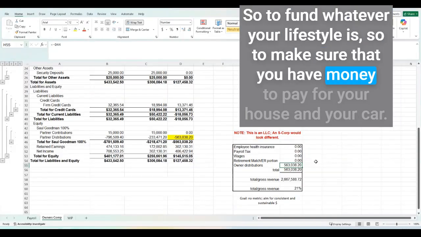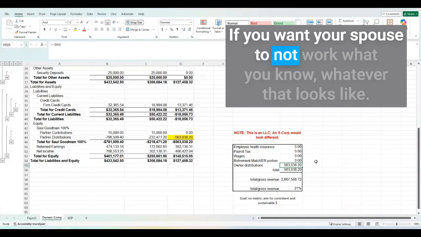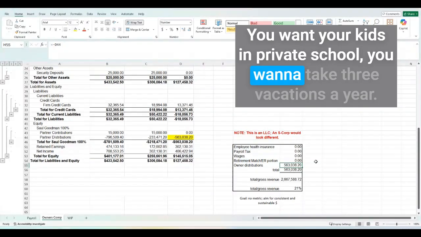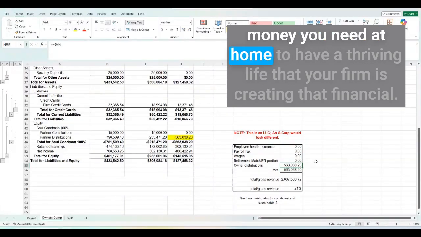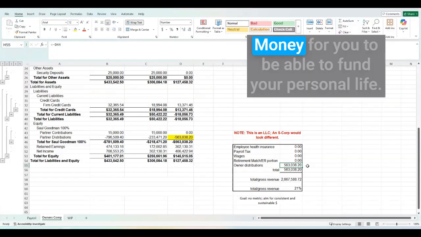So that you have money to pay for your house and your car. If you want your spouse to not work, whatever that looks like. You want your kids in private school. You want to take three vacations a year. I don't care what your goals are or how you spend your money. My goal is to make sure that whatever money you need at home to have a thriving life, your firm is creating that money to fund your personal life.